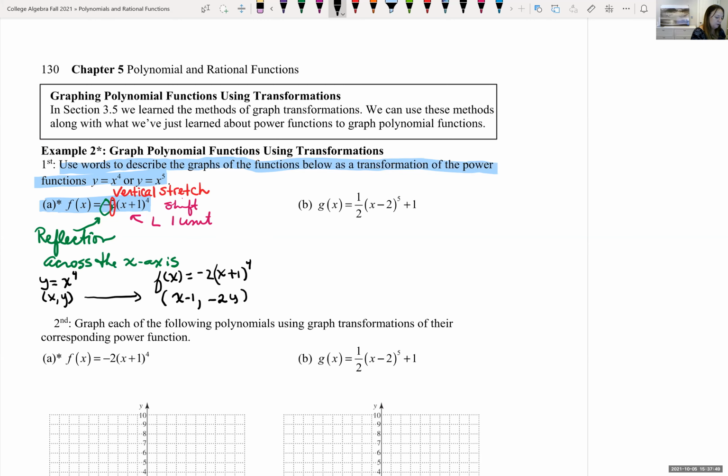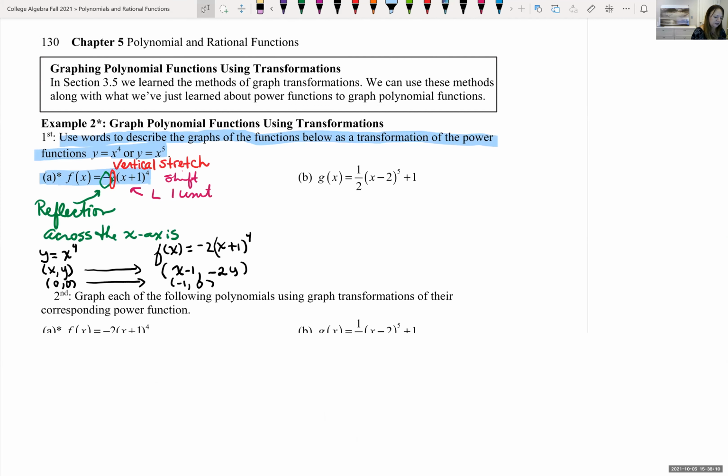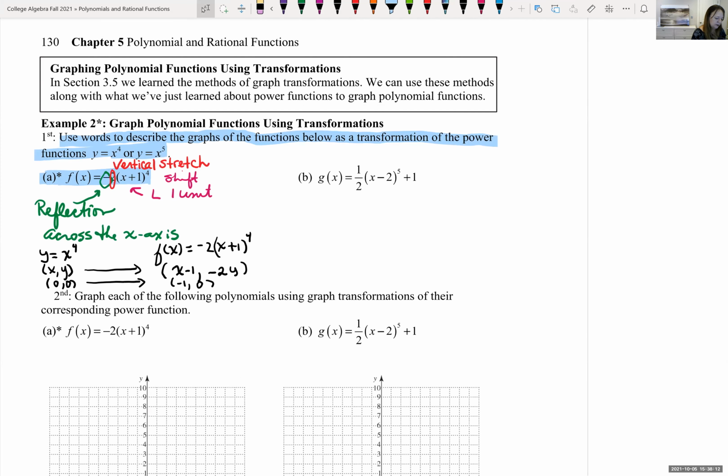So if we look at our point 0, 0, and we plug it in here, 0 for x and 0 for y, well, 0 minus 1 is going to become negative 1. And negative 2 times 0 is 0. And so we have a new point, negative 1, 0.